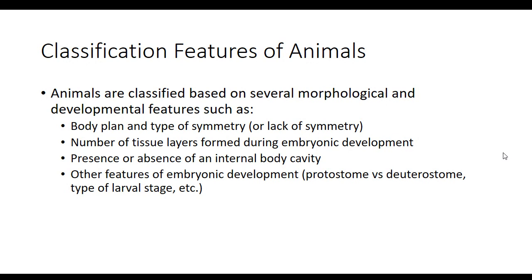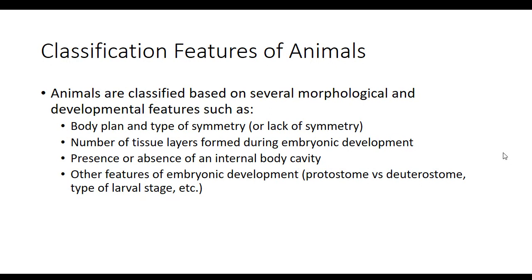Another characteristic is the number of tissue layers formed during embryonic development. Very early in an embryo, you start out as just a hollow ball of cells, and then that hollow ball can form into either 2 layers or 3 layers of cells.